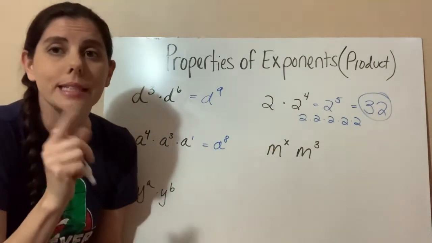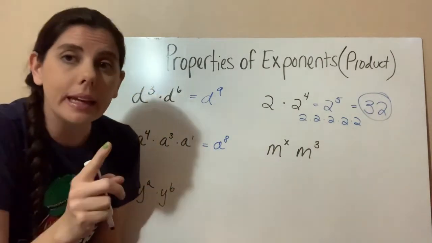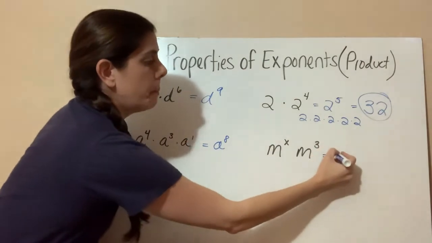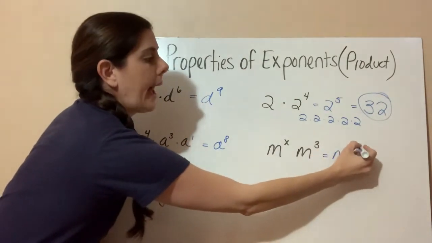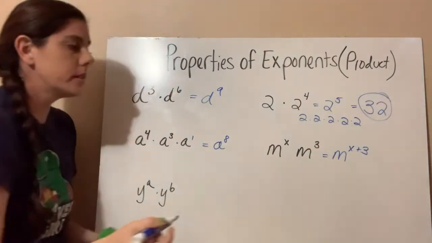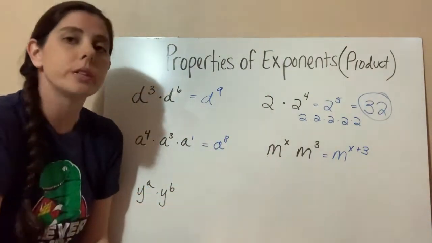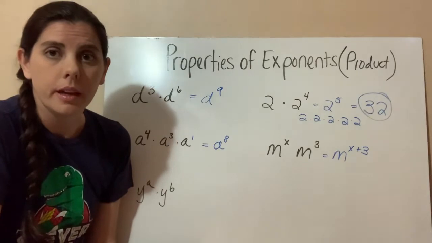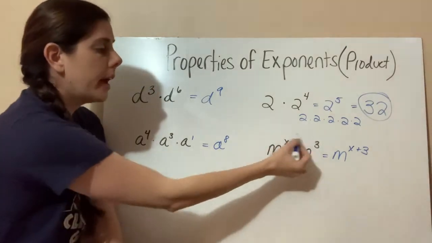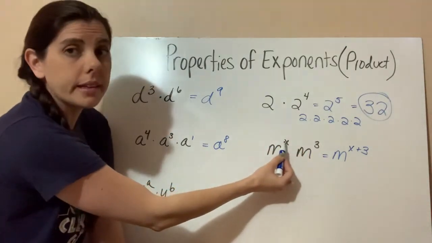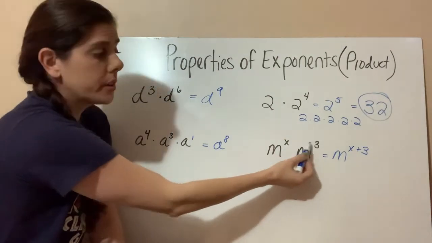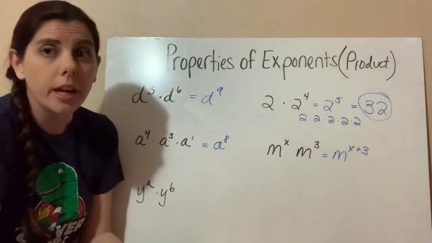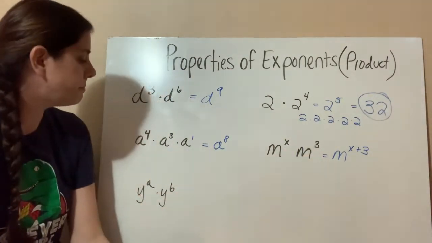So if the base is the same, we add the exponents. So to simplify this, we would just have m to the x plus 3. We don't know what x is, so all we can do is x plus 3, because x can change depending on the situation.